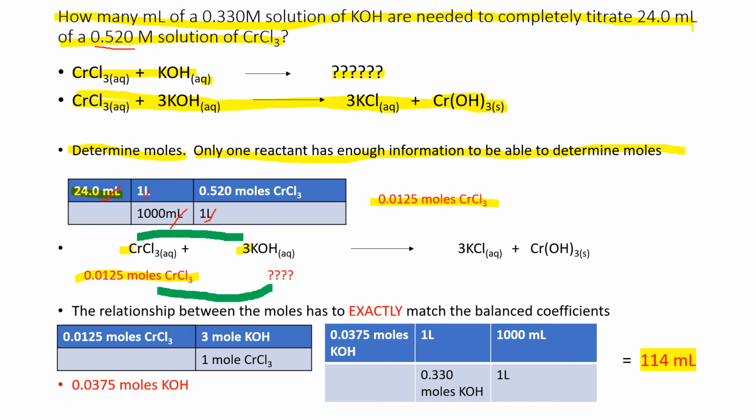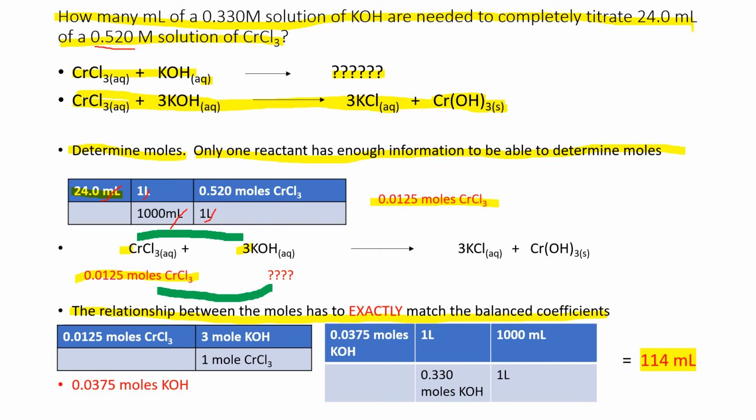The same thing has to happen. So we need 3 times as much KOH as CrCl3. You'd multiply 3 times the 0.0125 moles of CrCl3 in order to get the moles of the KOH. The relationship between the moles has to exactly match the coefficients.